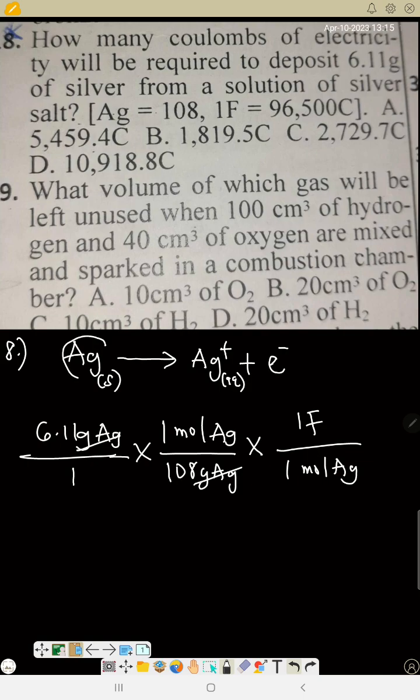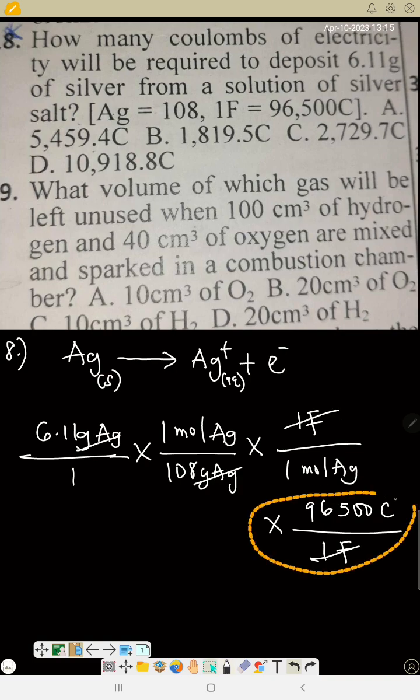According to this equation, 1 mole of silver will give 1 electron, or 1 Faraday. So times 1 Faraday will give 96500 coulomb. That is from here: 1 Faraday is 96500. So I've reached where I'm going, and 1 Faraday will cancel out.